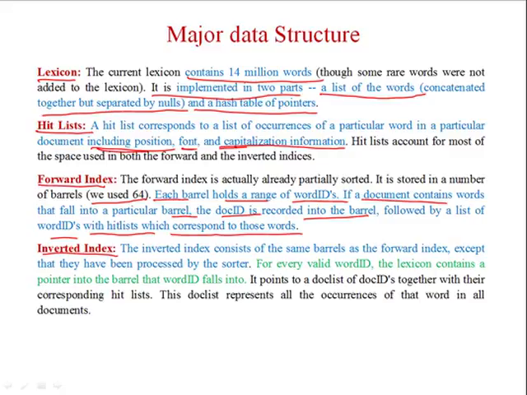Inverted index. The inverted index consists of the same barrels as the forward index, except that they have been processed by the sorter. For every valid word ID, the lexicon contains a pointer into the barrel that the word ID falls into.